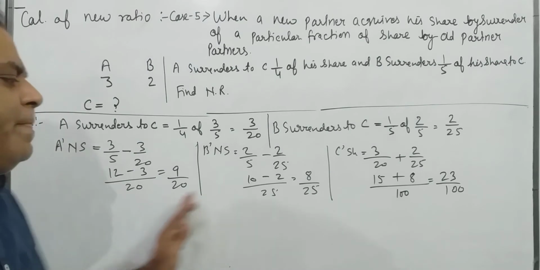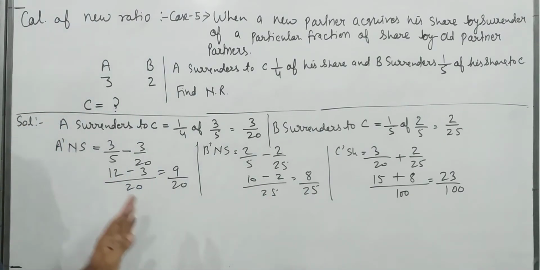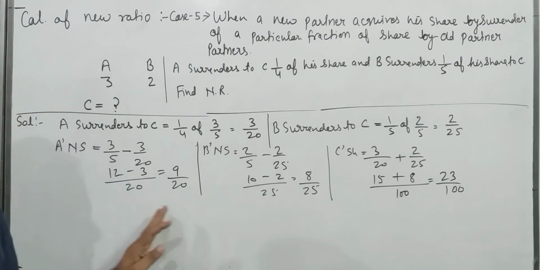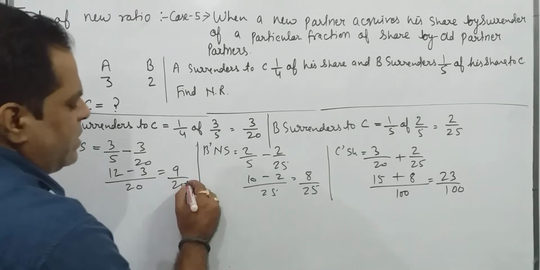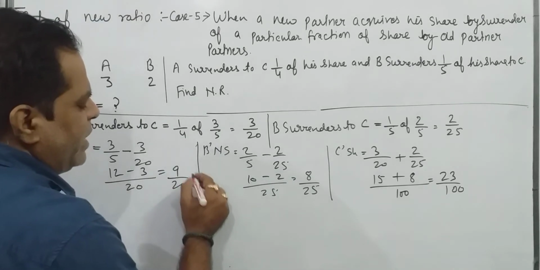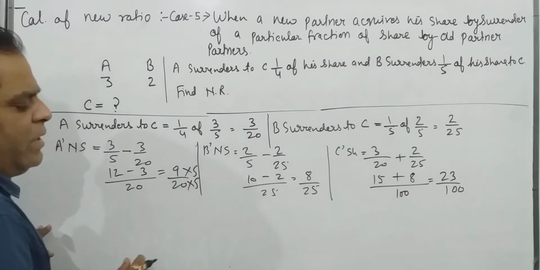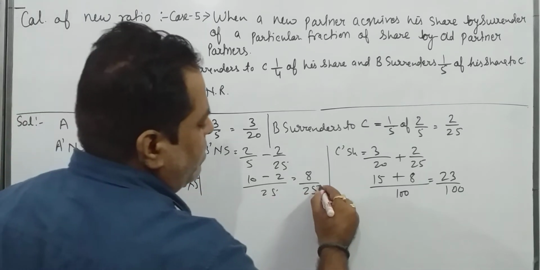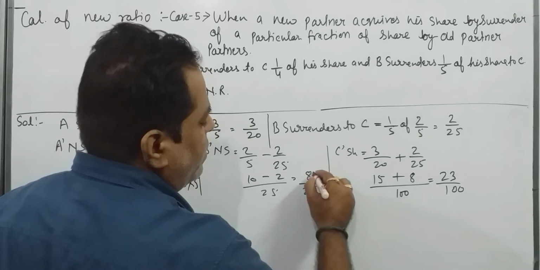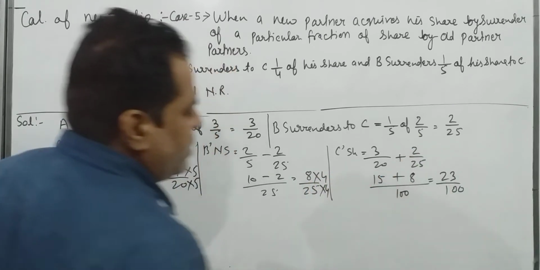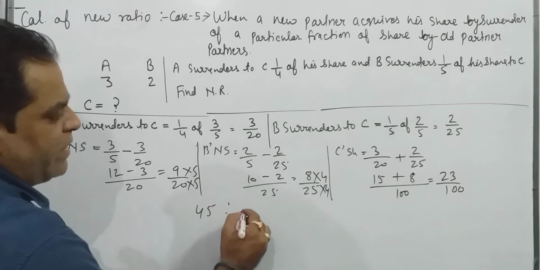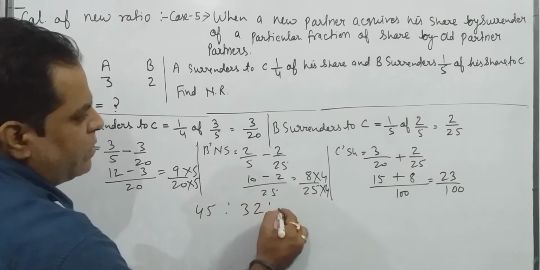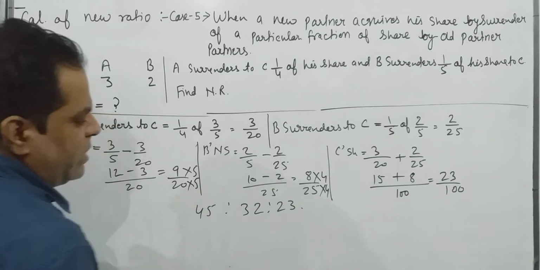So we have to make the denominators equal. For that, what we are doing here: multiply this by 5 in A's share, and in B's share multiply by 4, and there is no need for C. So your new share will be 45, 32 and 23.